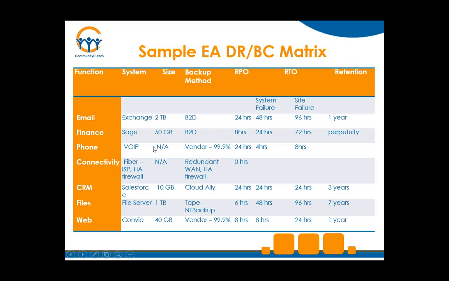And then it's also important to look at the connectivity. What happens with your internet? Maybe you've got a redundant internet connection, fiber and cable, and maybe you don't just have one firewall, but you have 2 because your internet's really critical, and if that firewall fails, you don't want to be down for a day or 2.